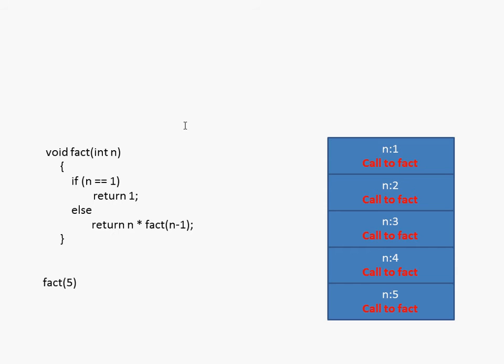Fact of 4 is 24, yeah? So he's going to get back 24, and he has to multiply it times 5. He has to remember that n is 5. So each successive one has to remember their n, so when they get back the result, they can multiply their n by it. They each have to remember it.